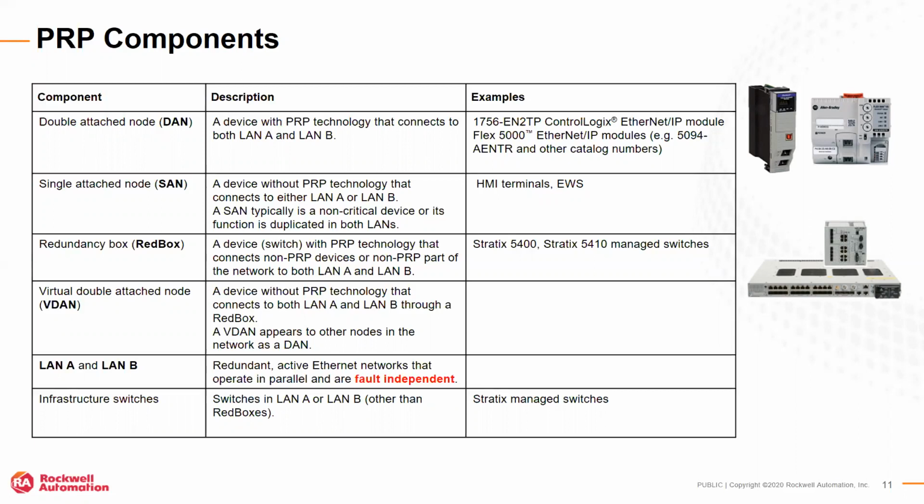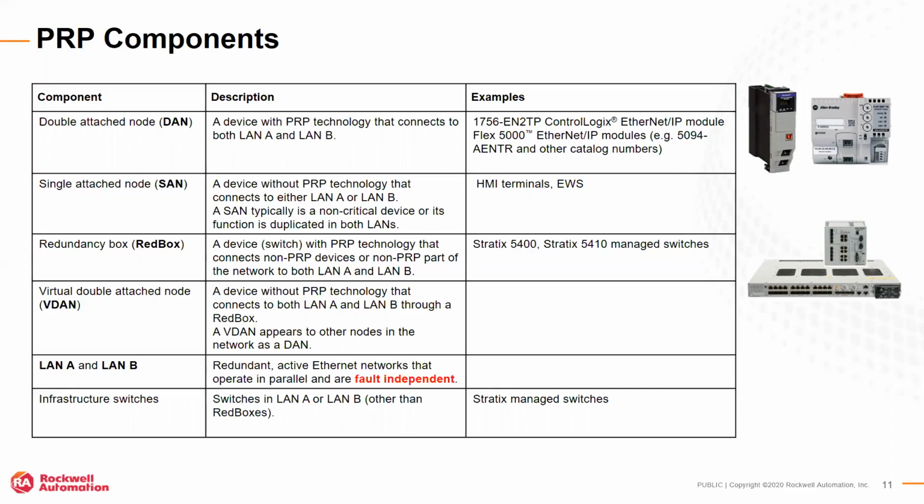The double attached node, that would be like the 1756 EN2P or the Flex 5000. These are comms adapters that can take the two separate networks that we're using parallel redundancy into a, let's say, like an IO chassis.